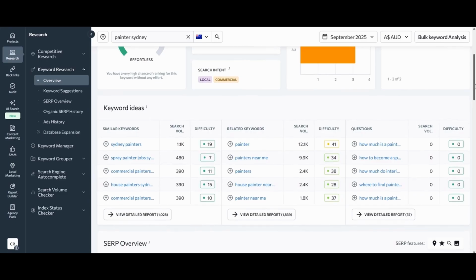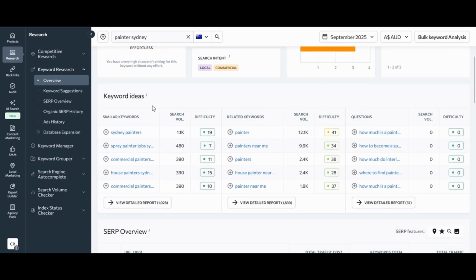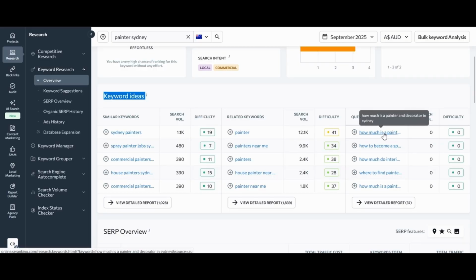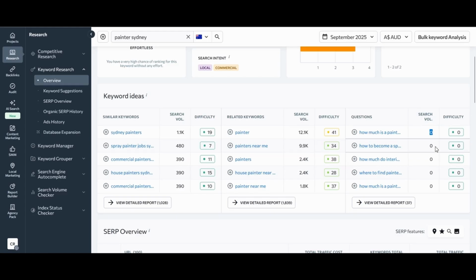I also want to take a look at some of the other search terms. Here, this particular tool gives us some keyword ideas along with other related words and some questions. As you can see here, I would not want to be optimizing for this word because I can see last month at Google the search volume for that was 0.